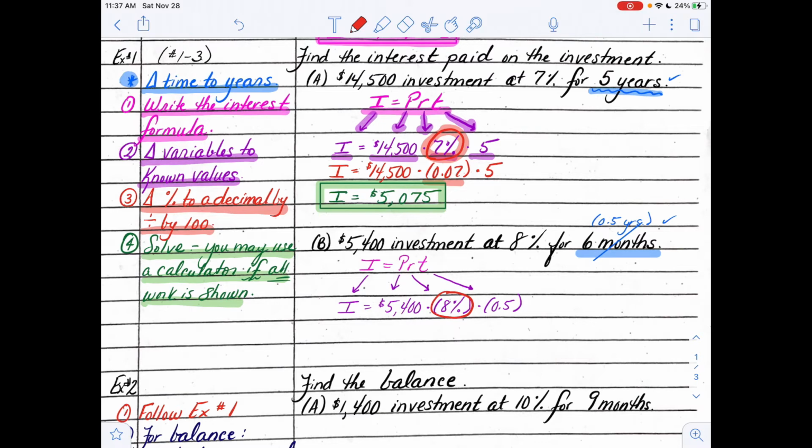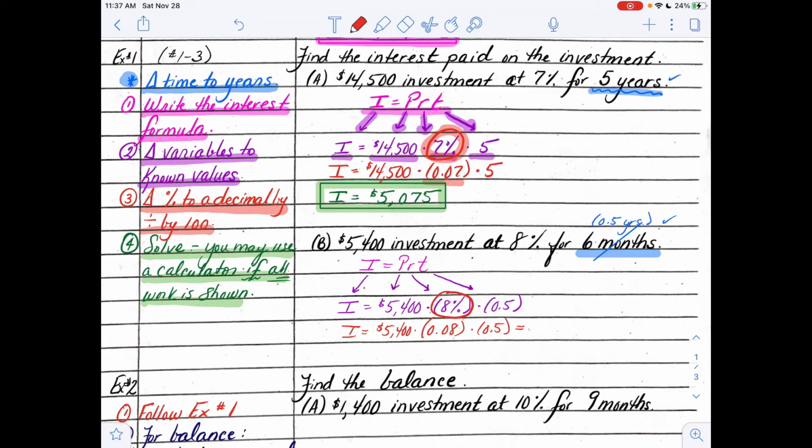So that 8%, dividing that by 100, changes that to 0.08. So now I've got interest is $5,400 times that 0.08 times that 0.5.